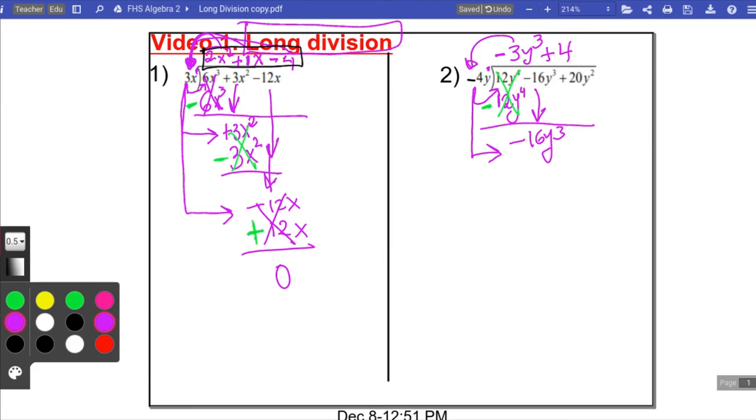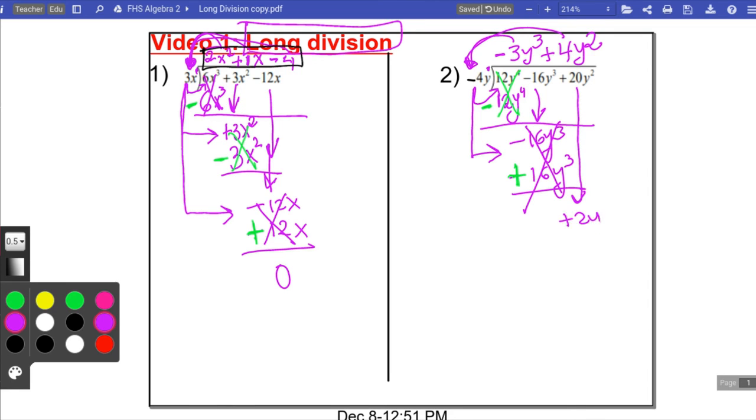Well, I need to get it to y cubed. So a y squared here, because if you do that, 4y squared times negative 4y, you should definitely get negative 16y cubed. And then remember what I just said earlier? Opposite. Opposite. You can all say opposite. All right, we're going to cross that out. And then you bring the next one down.